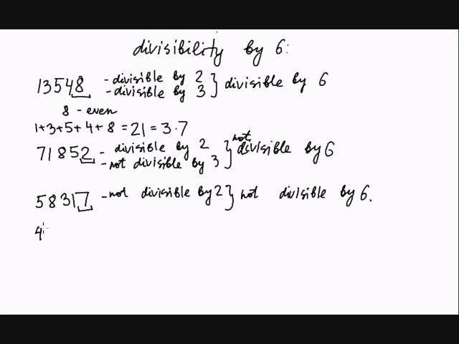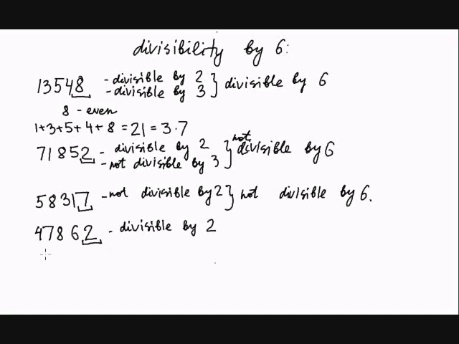Let's do one more example. Let's say we have the number 47,862. Right away we see that this number ends with an even digit 2, therefore it's divisible by 2.